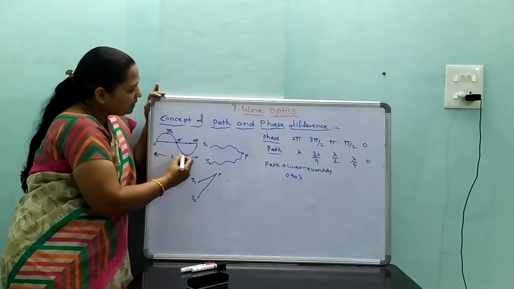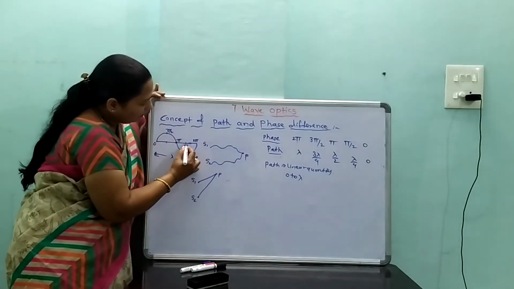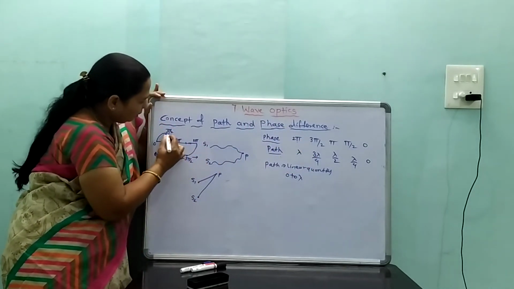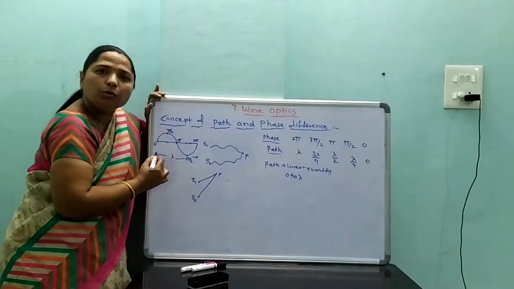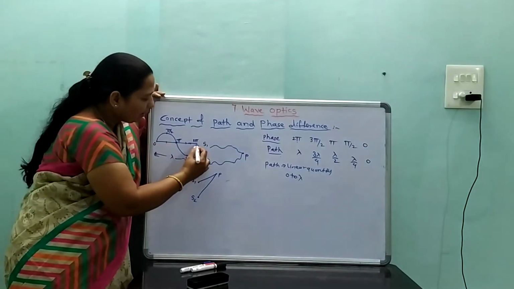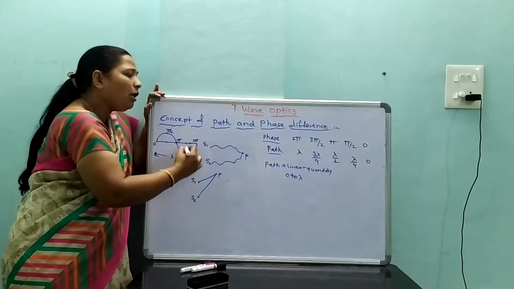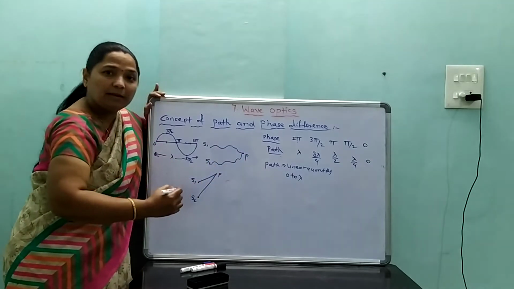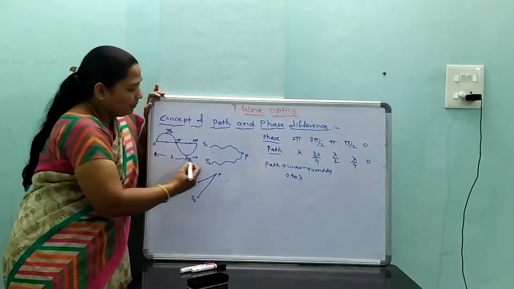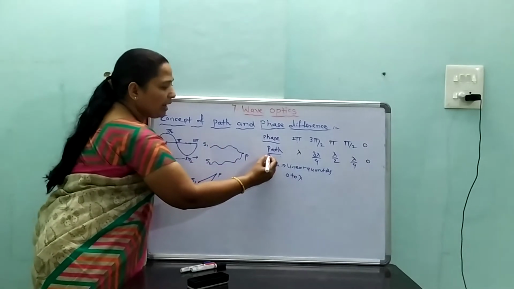Therefore, phase is measured in 2 pi, 3 pi by 2, pi, pi by 2, up to 0. Therefore, the complete one vibration or one oscillation the wave covers in angular form is known as phase, and when it is measured as a linear quantity, it is known as path.